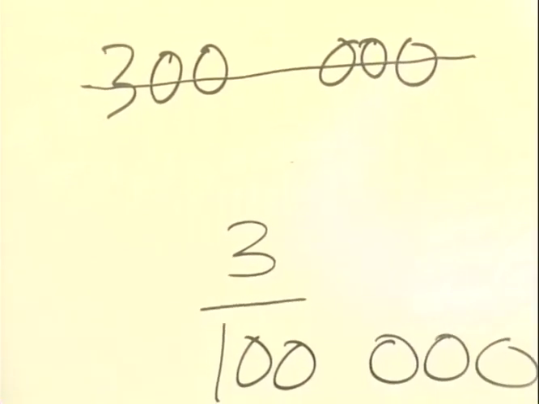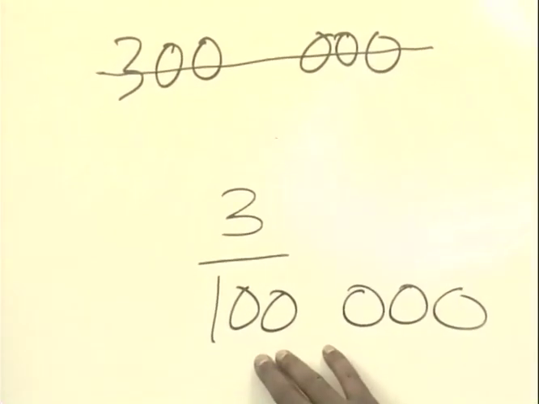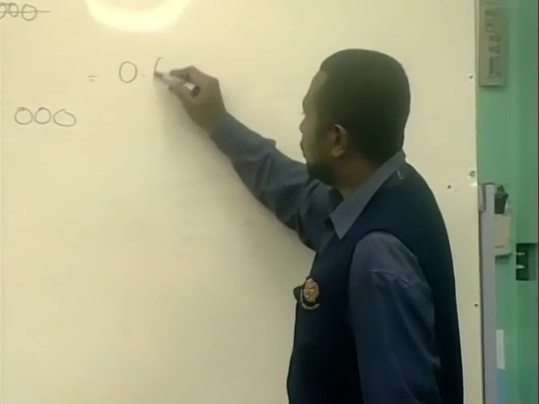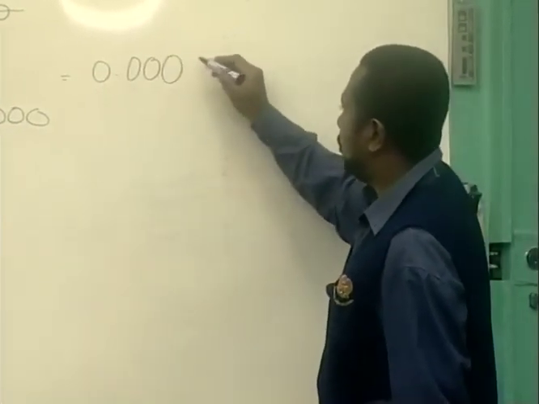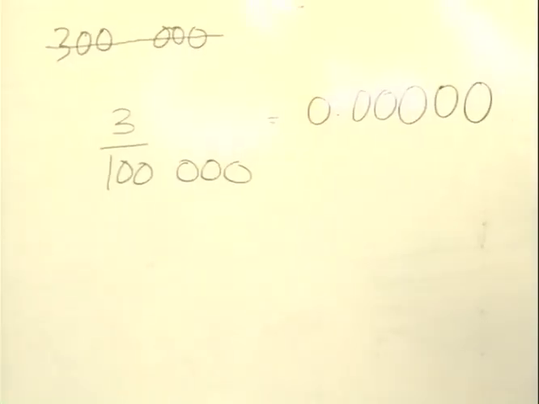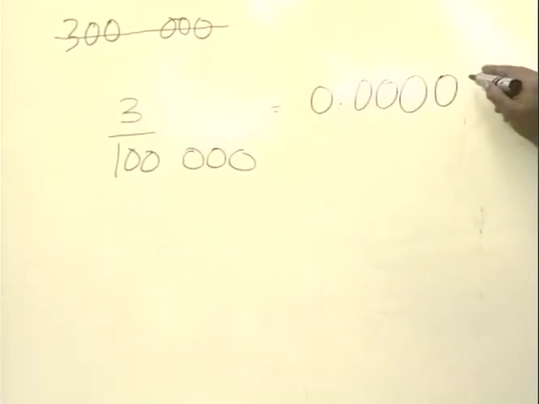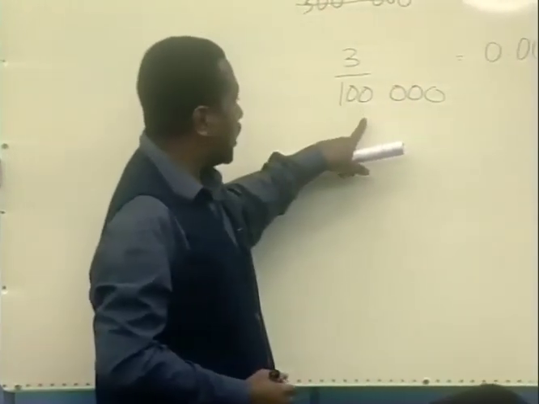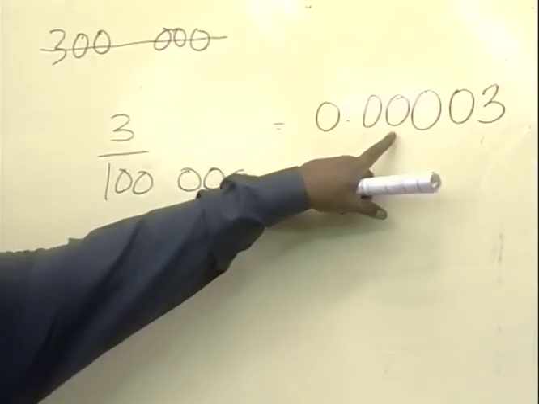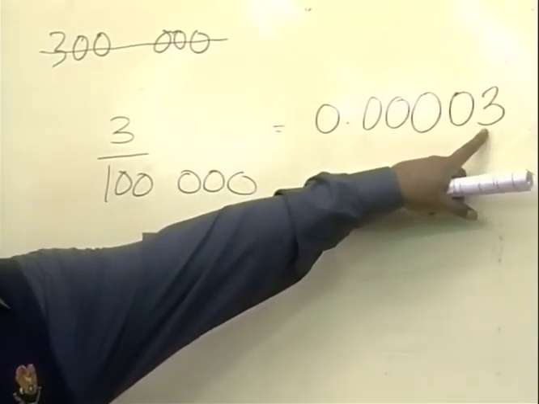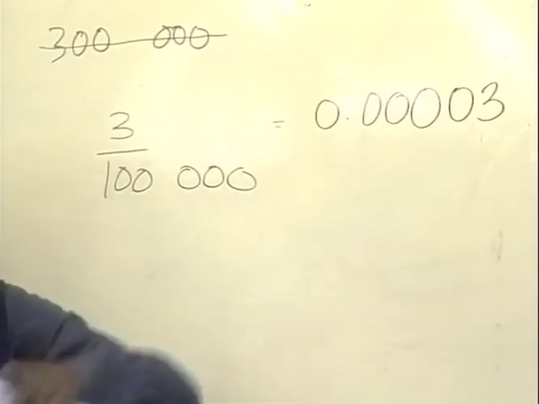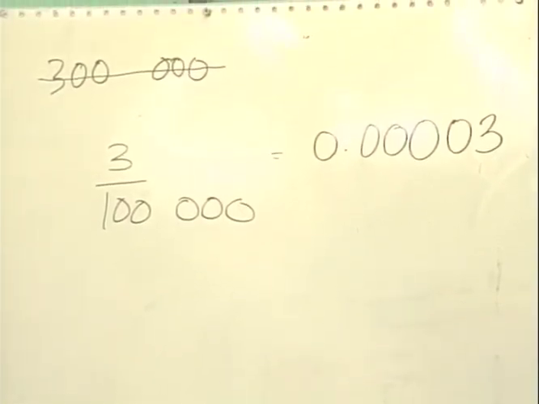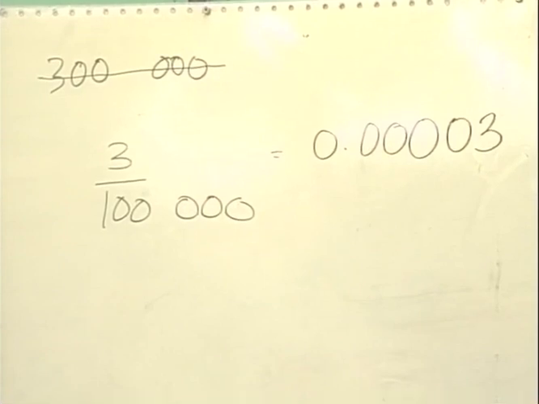So what would be this answer in decimals? 0.00003, is it? Very good. So our answer should be either 3 over 100,000 or 0.00003. So the number 3 comes under the column 100,000s. Okay?